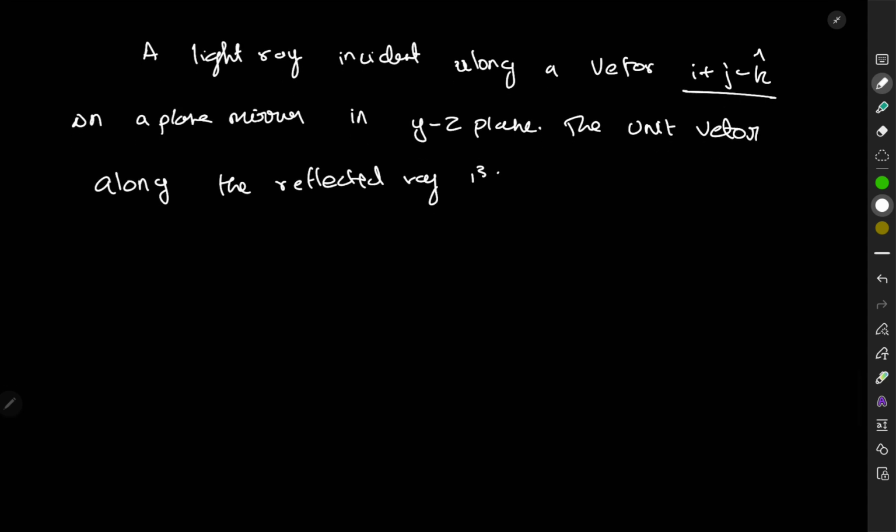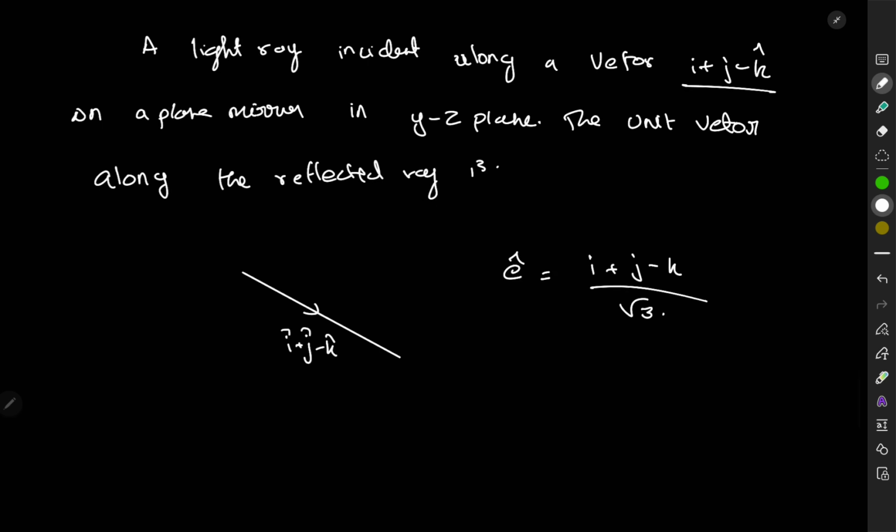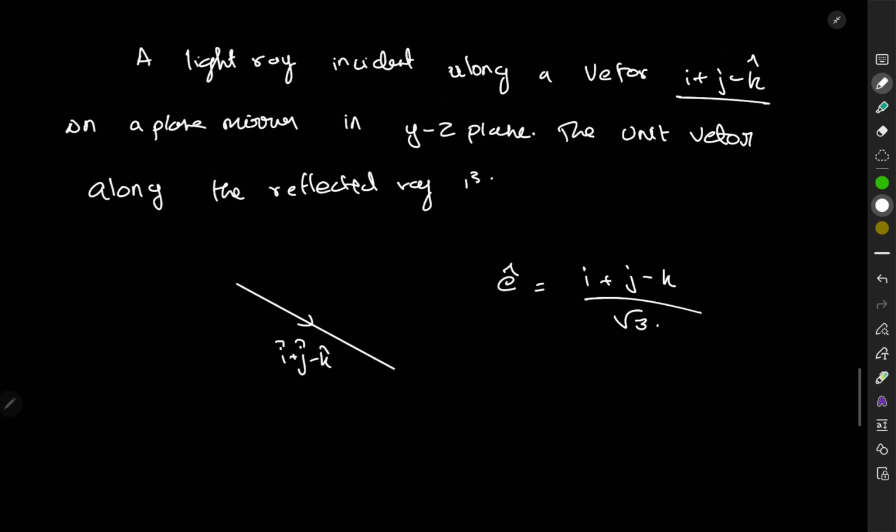Okay, a light ray is incident along a vector, which means the vector of emergence is given, but we need to take e cap only. So j cap minus k cap divided by root 3. Fine. And what about normal?